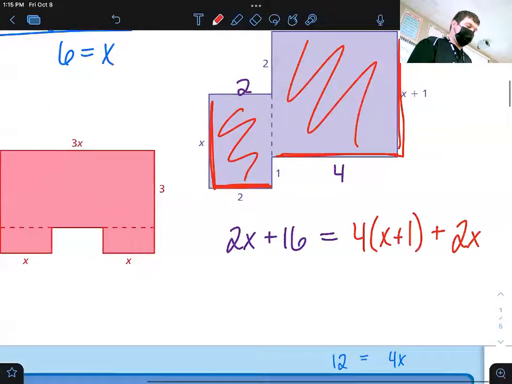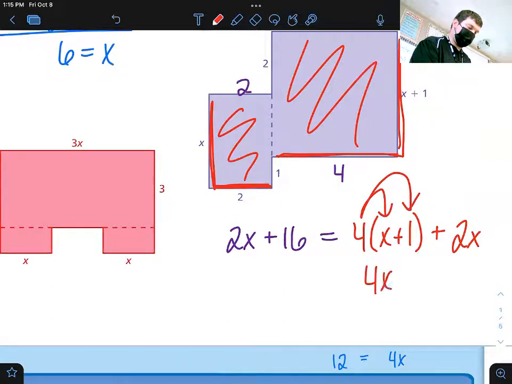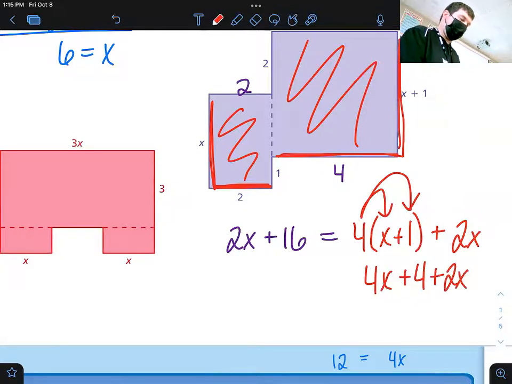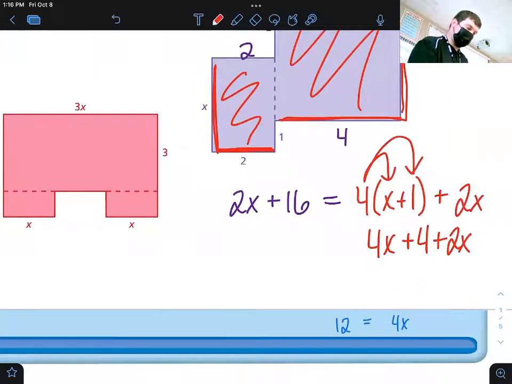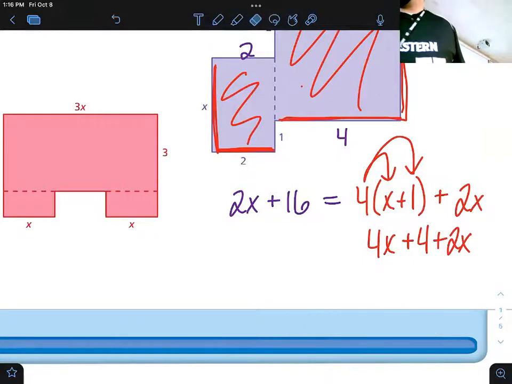Let's simplify that. If you distribute the 4, Deegan, what will you get for both of these terms? 4x and 4. Okay. And Deegan, what do you get when you combine the 4x with the 2x? 6x.